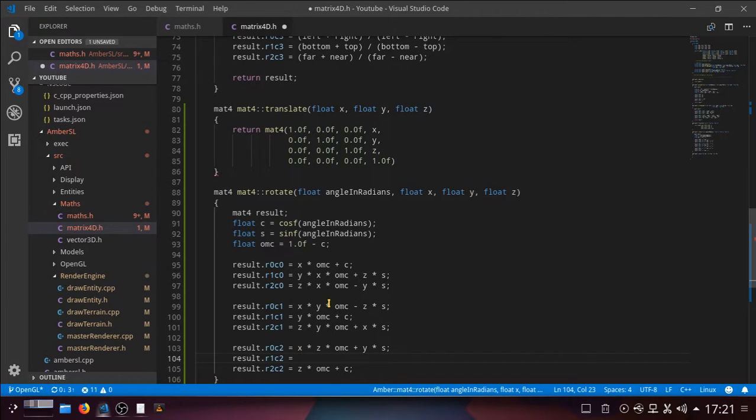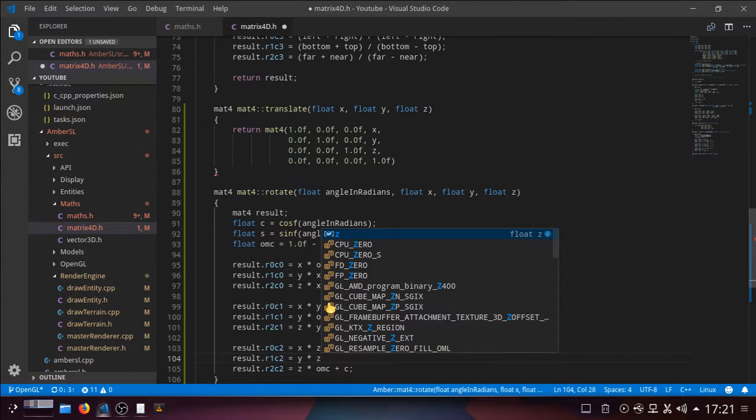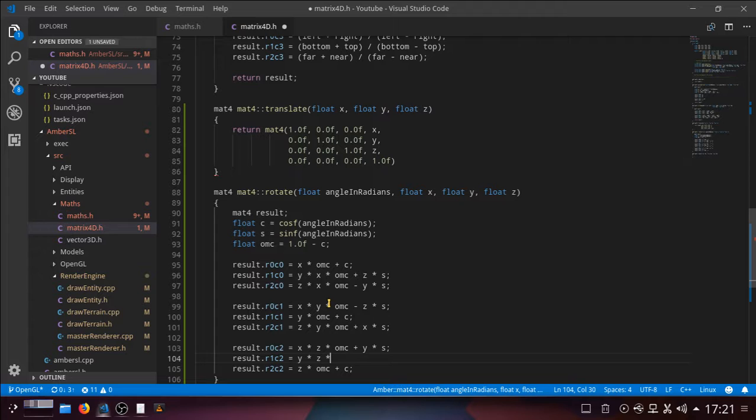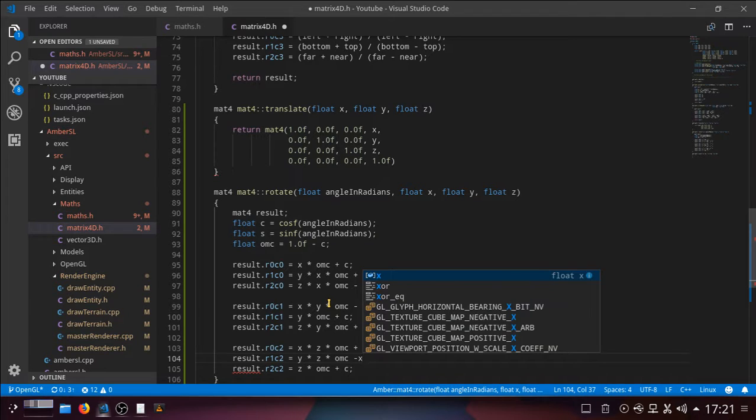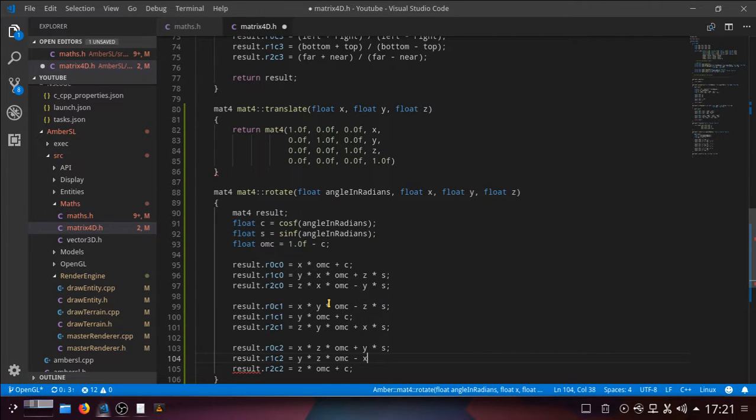And of course we haven't done Y. And we'll use the same again, so it's times Z times OMC, and I think it's minus here, is it? Yeah, minus X. X times S. There we go. And that's how you rotate.